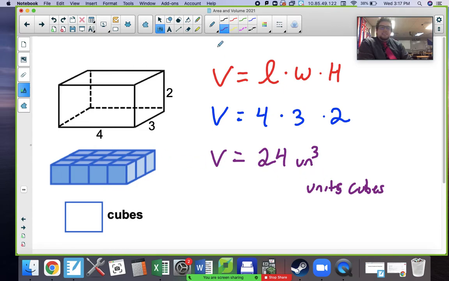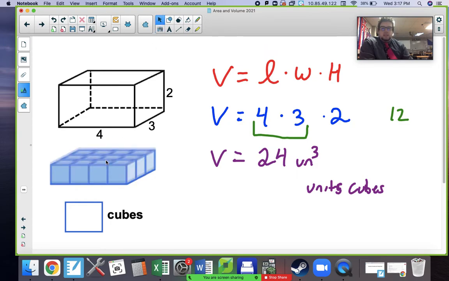comes from this next description right here. So I'm going to first start by finding 4 times 3. That gives me 12. So if you look right here, we've got 1, 2, 3, 4, 5, 6, 7, 8, 9, 10, 11, 12. 12 cubes. That's the area of this first layer.